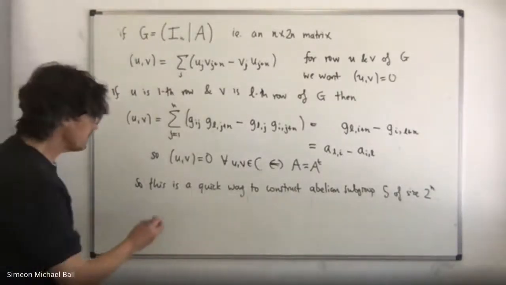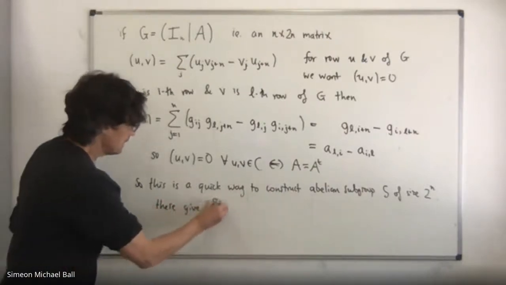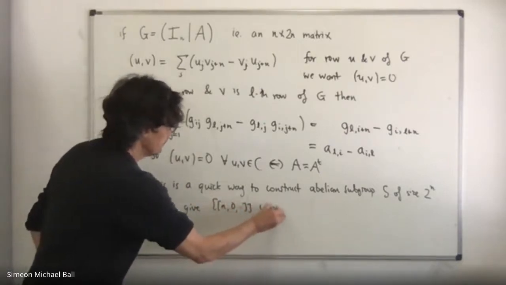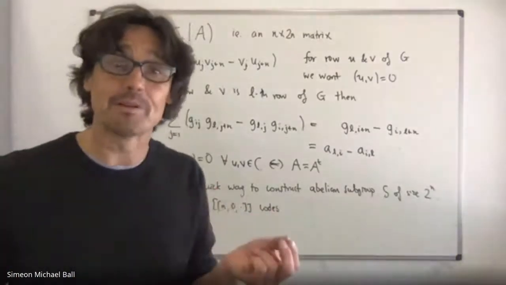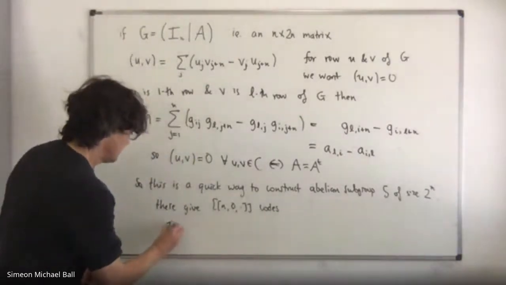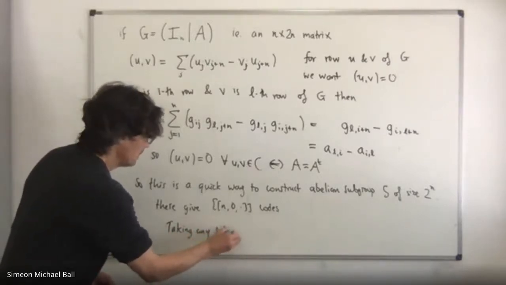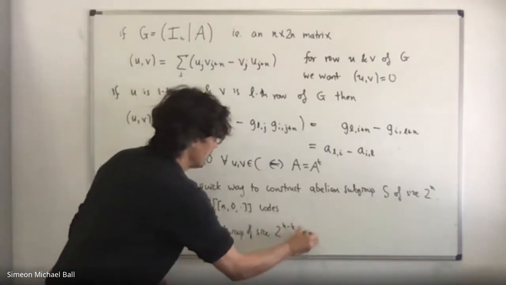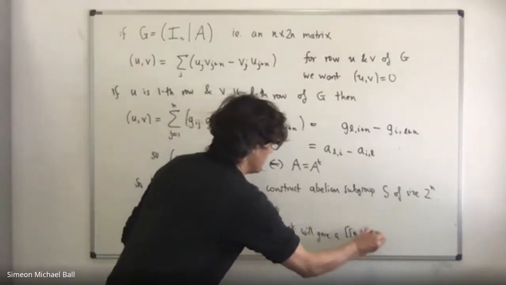These give (n, 0) codes. The zero is not really very interesting, but you can take any subgroup. Any subgroup of size 2 to the n minus k will give an (n, k) code.